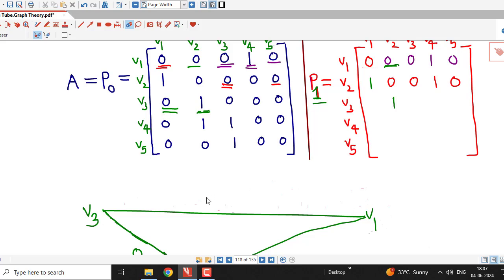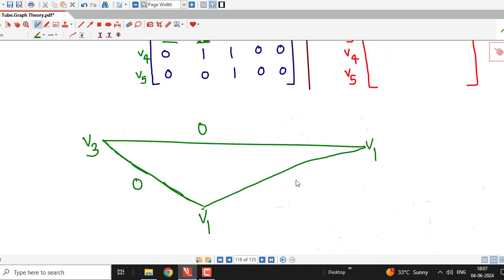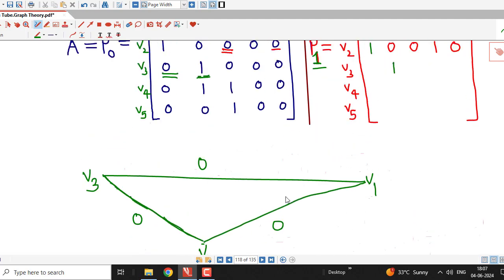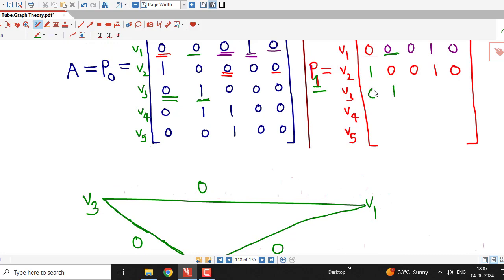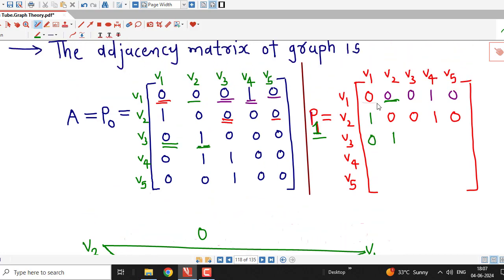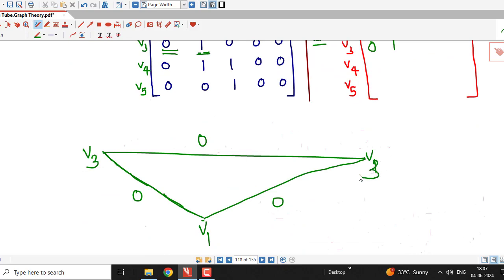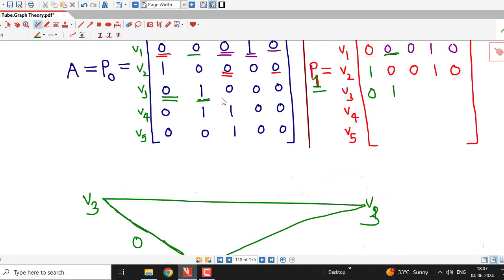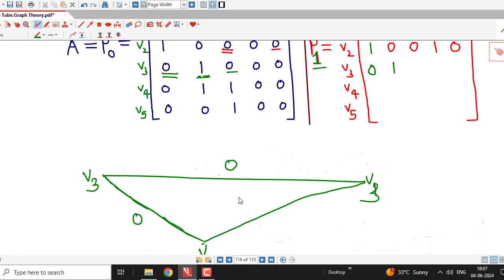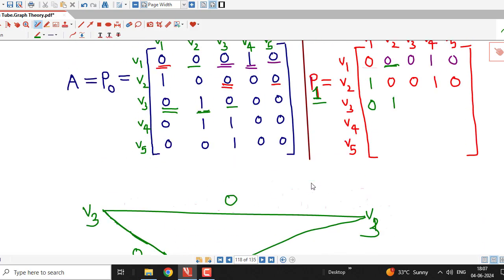So first let me write for V3 to V1. For V3 to V1 we have 0 here, and this is from V1 to V1, that is also 0. So you can see it is obviously 0. Then for V3 to V3, here I write V3. Let me remove this. For V3 to V3, from this we have 0, and from V1 to V3 also we have 0. So this will give me 0.